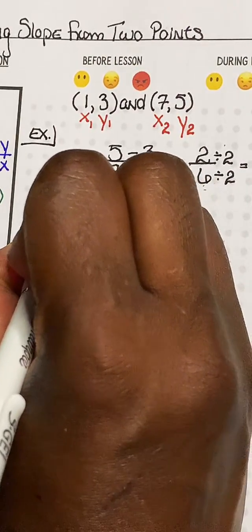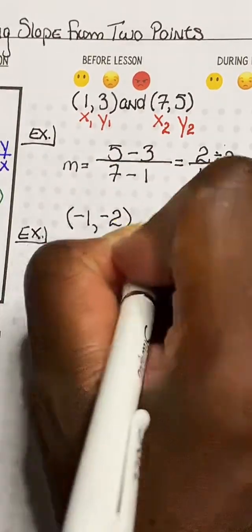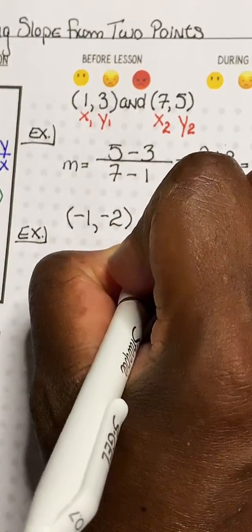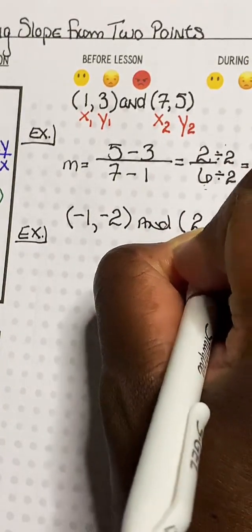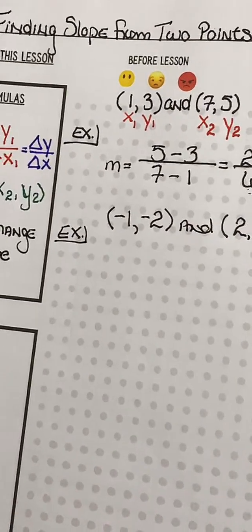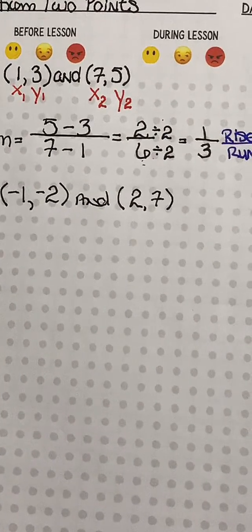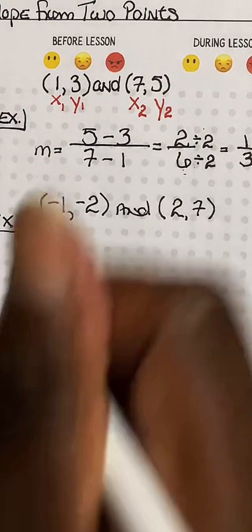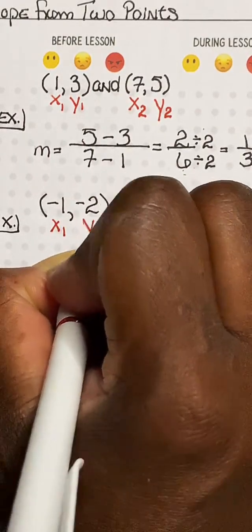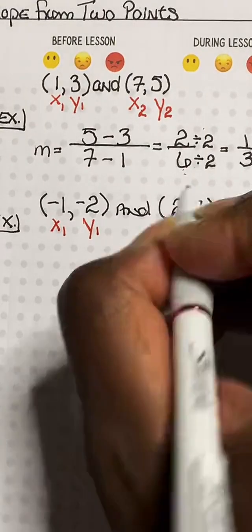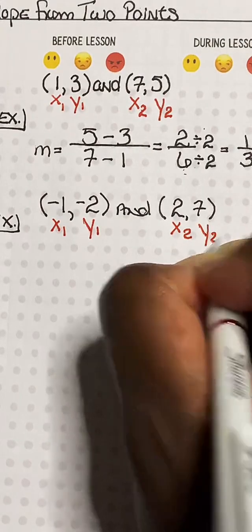Okay, so this is what I mean. If I had, let's say, -1, -2, and 2, 7. So as I mentioned before, since this is our first point, this will be my x1 and my y1. Since this is my second point, this is going to be the x and the y of my second point.